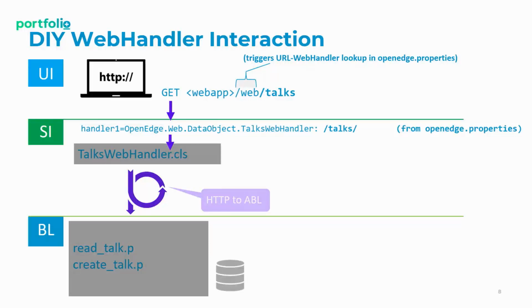It's got access to everything. And likewise on the response, it can set everything. You can set the status. We're doing read talks here. Maybe you're reading talks, you put the talk information in the body, but maybe you also want to put a count of how many are returned as a header value in the HTTP response. You can do anything you want in the implementation of your web handler class. That's the basic mechanics of how it operates.